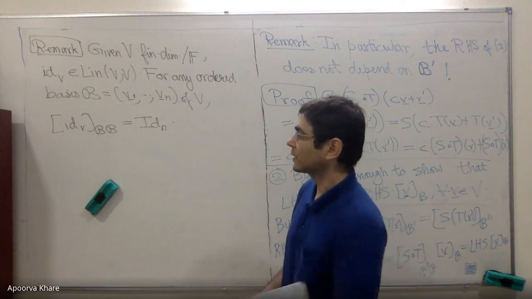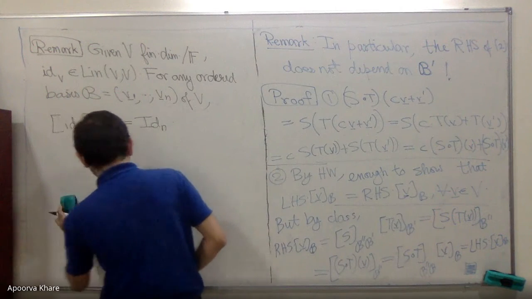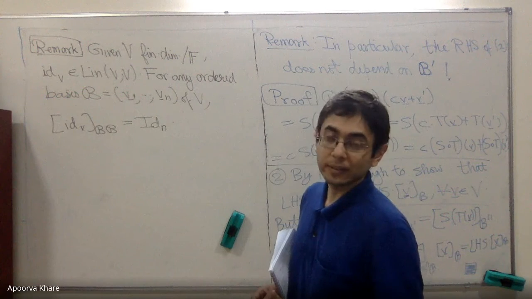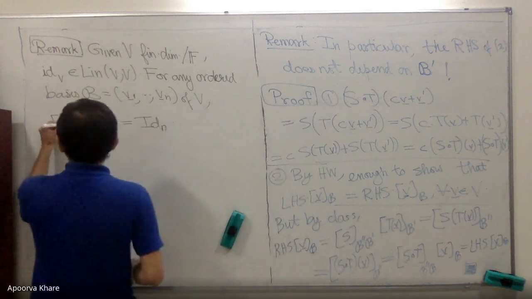And you can in fact check that the converse is true as well. There is no other. If there is any transformation with respect to which the matrix is the identity, then the transformation is the identity. So the point is, first of all, this is true.